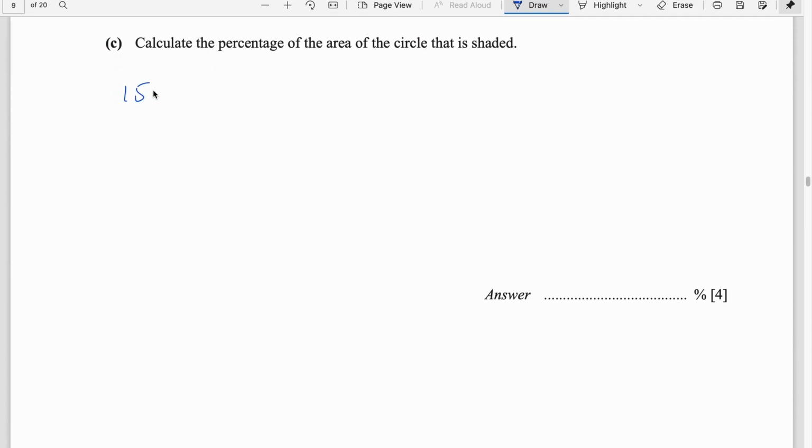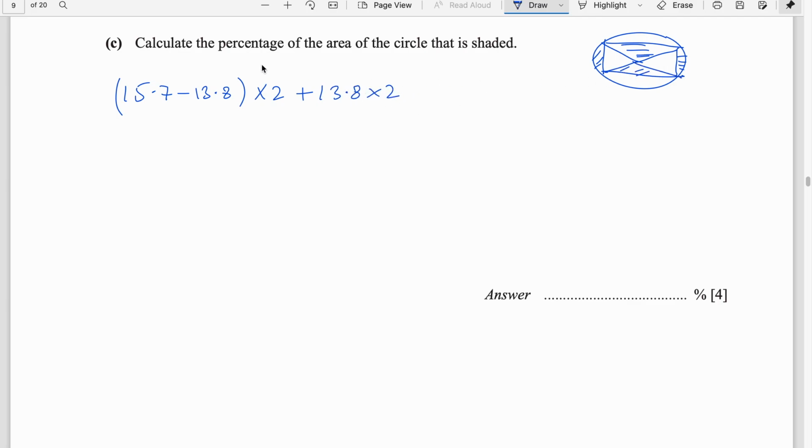So 15.7 minus 13.8, we got the area of this side, and if I multiply it with 2, I get these both, plus this shaded part is 13.8, and we have this again 2 times 2. Now this is the area of the shaded part.